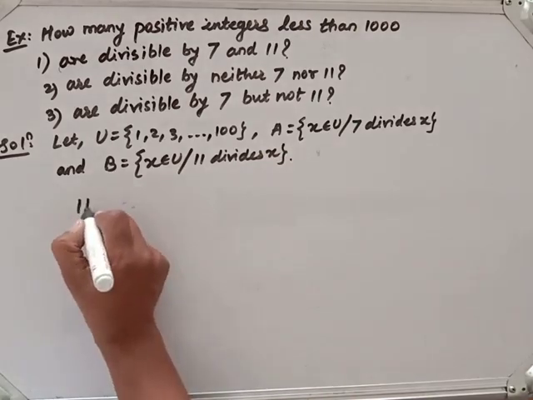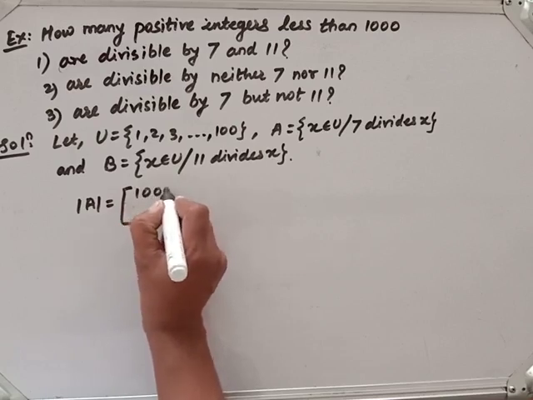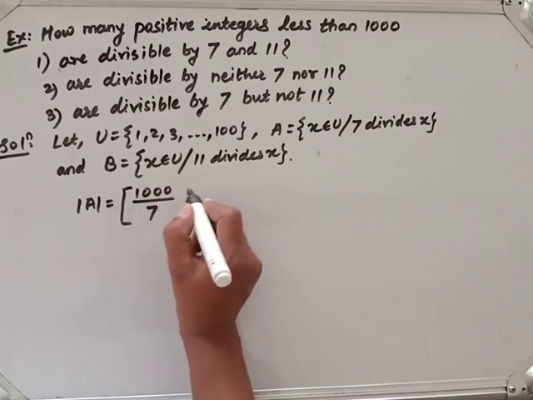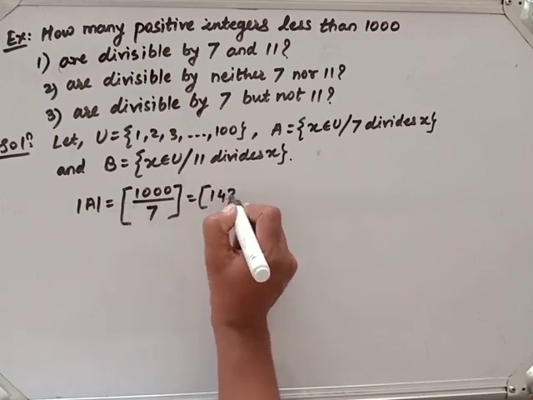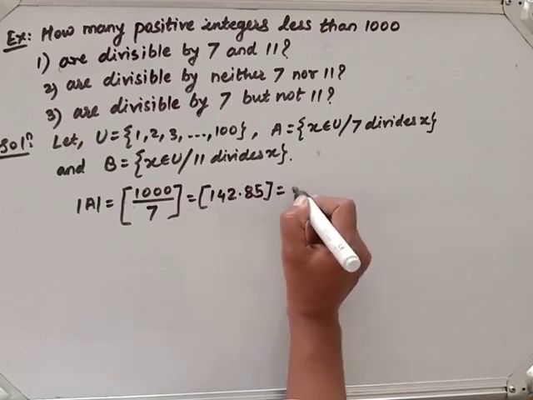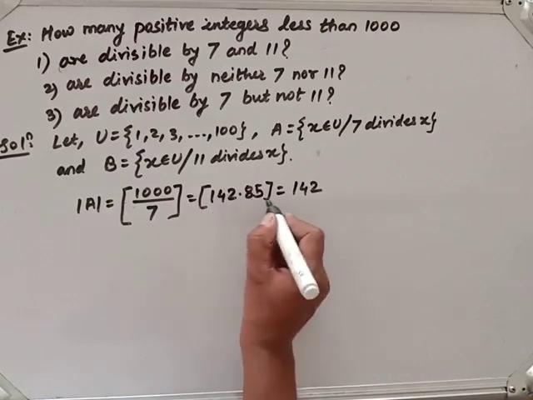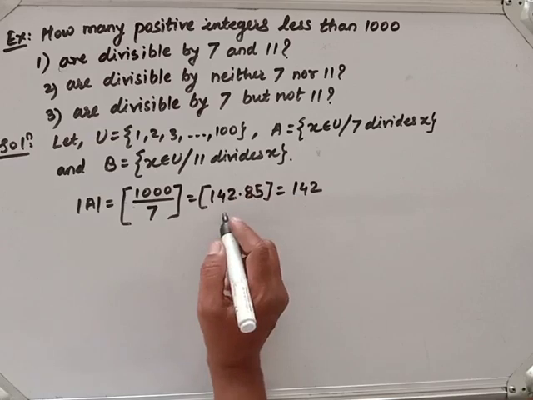So to determine the cardinality of A, this is the greatest integer function, the value obtained when 1000 is divided by 7. What does 1000 divided by 7 give? It will be 142.85. So the greatest integer function is what here? 142. We have to take the integral part. We won't take the decimal part here. That will be the greatest integer function.